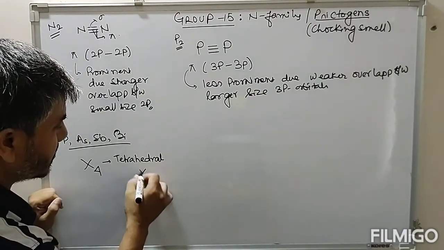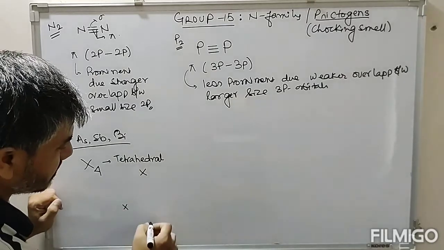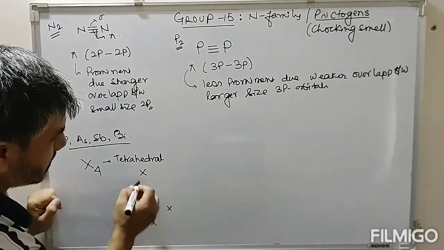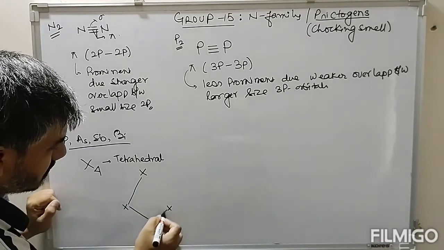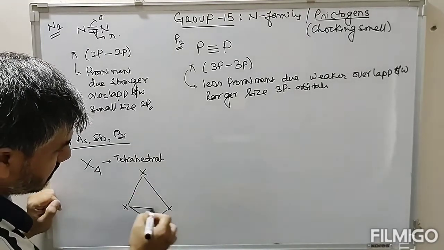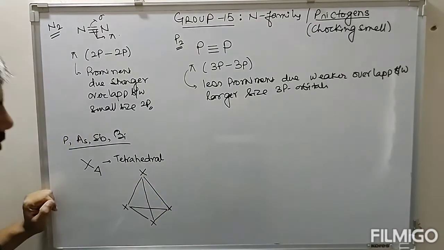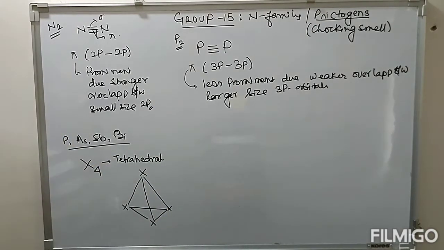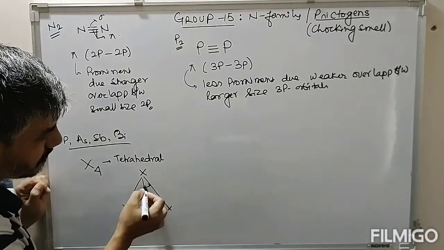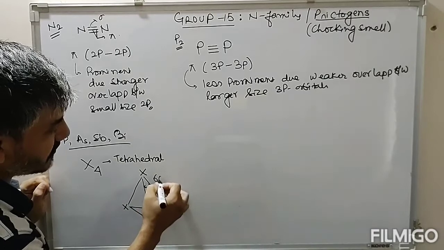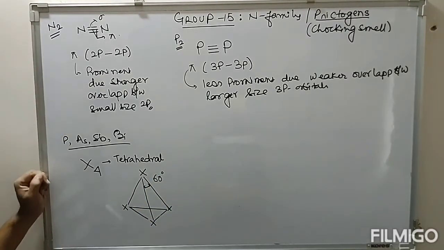So we have, look at this, X, X, X, X. Now when this X4 occupies the four corners of a tetrahedron, the bond angle is found to be 60 degrees rather than 109.